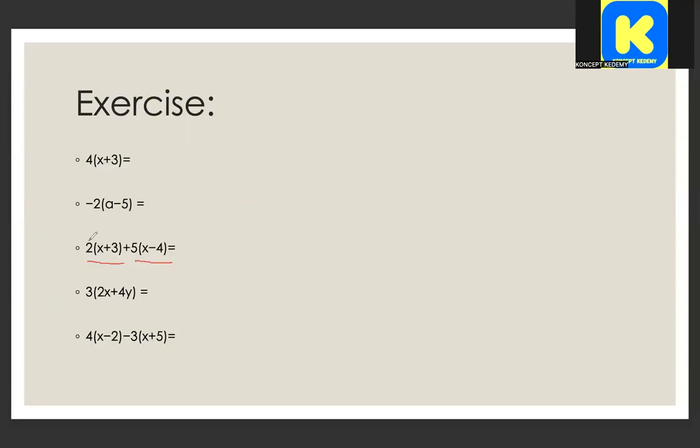So 2 into x plus 3. So 2 into x will become 2x. Next, there is a plus sign, and this 2 is also plus, so plus plus will be plus. So plus 2 into 3. Here, this is plus 5, so plus 5 into x.